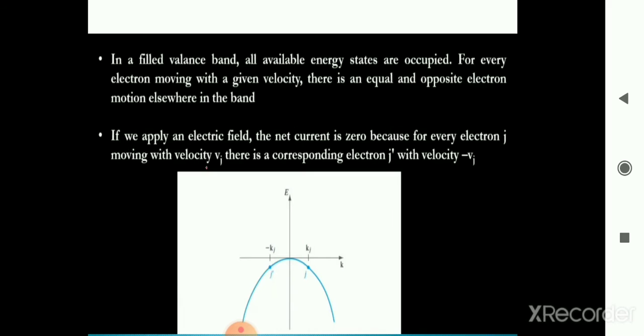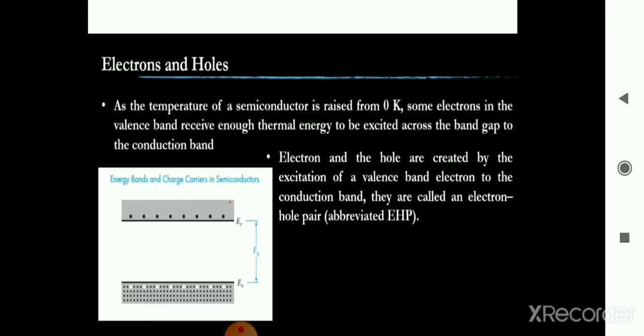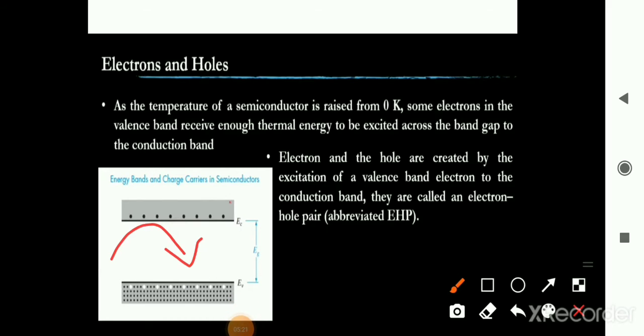In a filled valence band, all energy states are occupied. For every electron moving with a given velocity, there is an equal and opposite electron moving elsewhere in the band. Elsewhere is nothing but anywhere. In that band, if you refer to this band, the electron may move in this way, and in another position the electron may jump and come to this position.